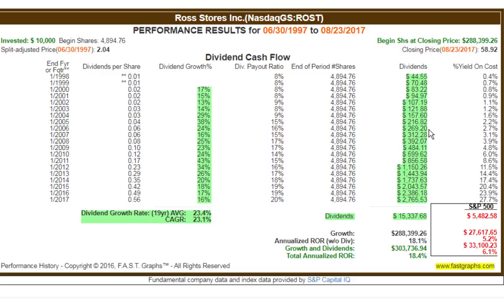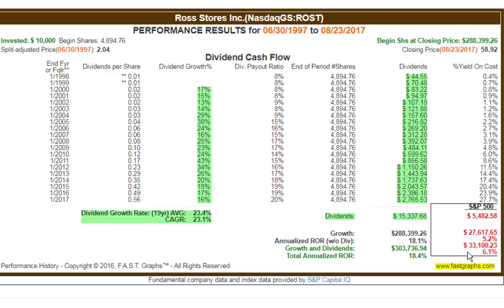Additionally, you would have received this stream of dividend income, and you can also see how fast the dividend has grown and whether they've increased it each year. So you get the cumulative dividends paid on a $10,000 investment plus the $288,000 of capital gain, which gives you a total of $303,000.